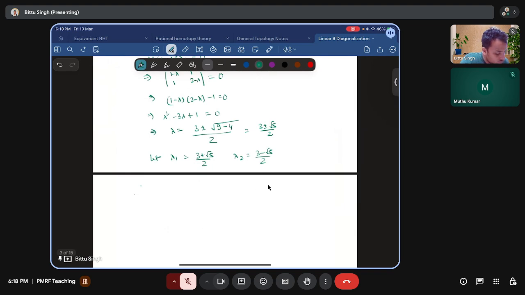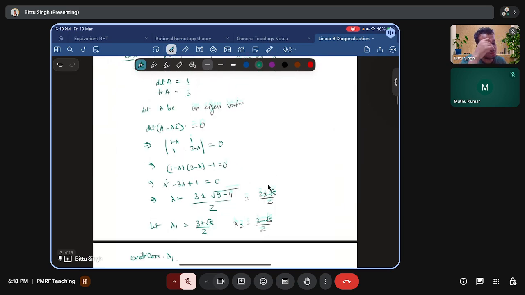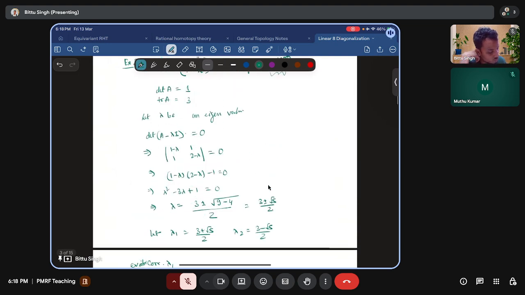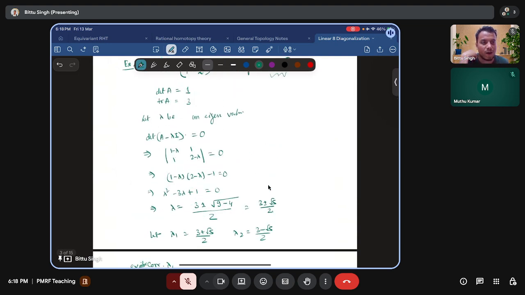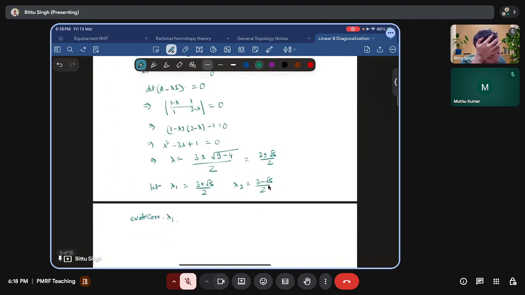Now we want to find the eigenvector corresponding to lambda 1. So we want to consider this equation, (A minus lambda I) times (x1, x2).